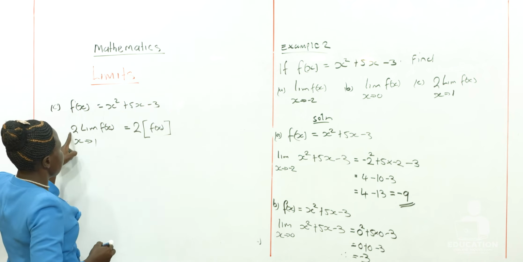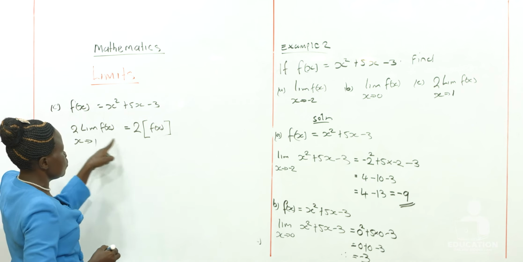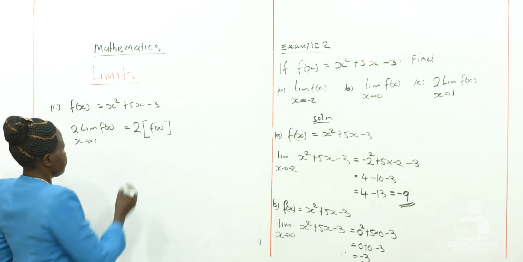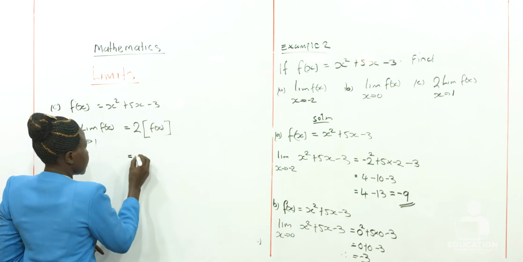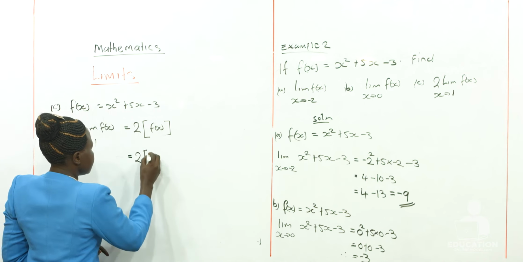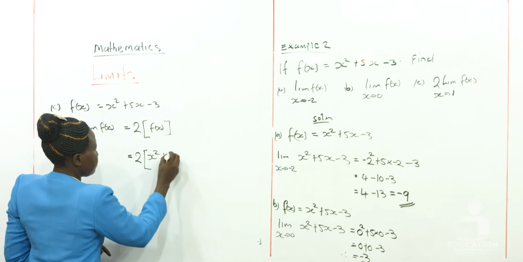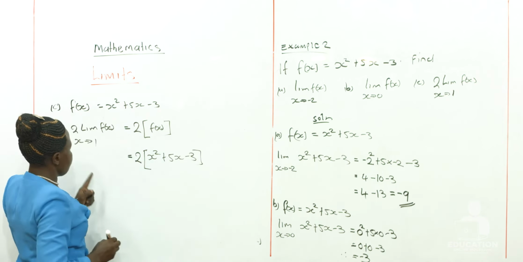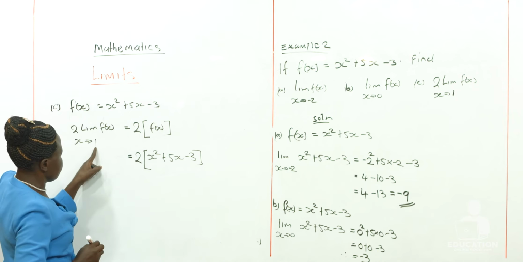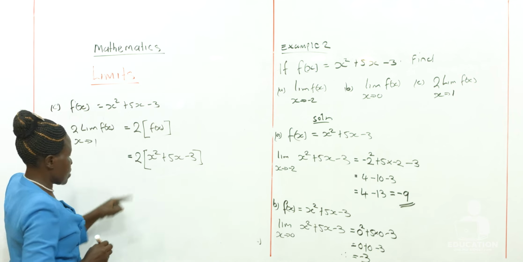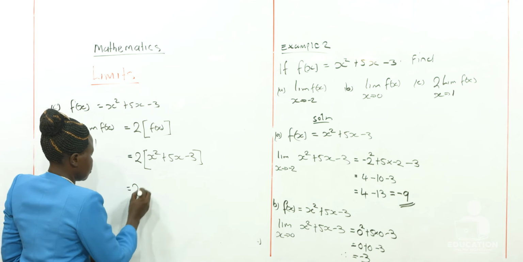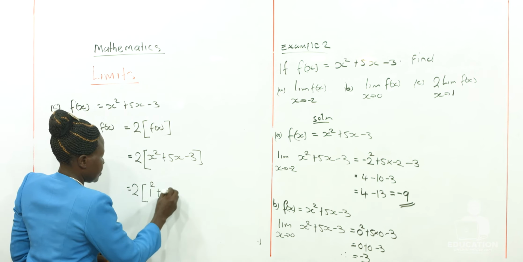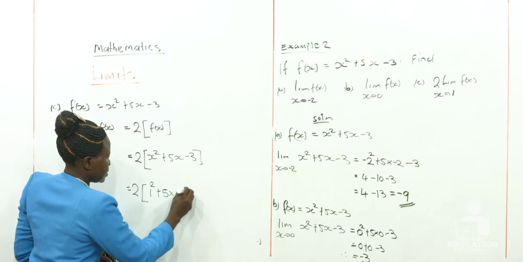If it is a constant before a limit, you multiply that constant by the whole function given. Then when we substitute, we get 2 times the function x squared plus 5x minus 3. And we know that x is approaching to 1, that means x is 1. So you will have 2 into 1 squared plus 5 times 1 minus 3.